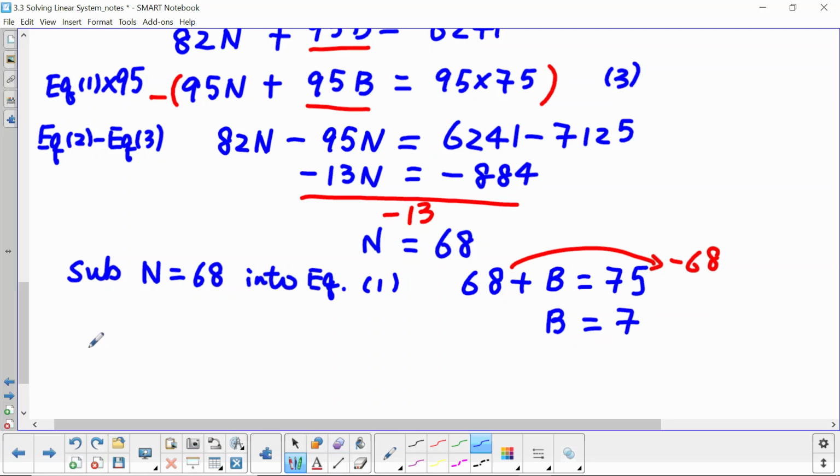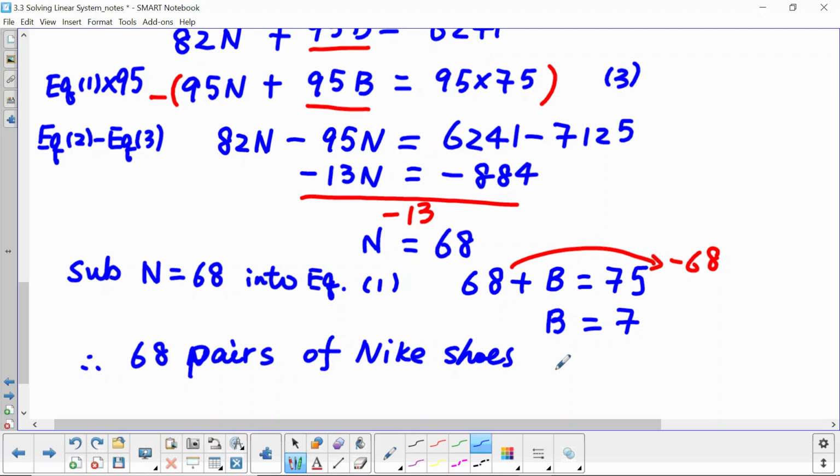Then we write a statement. "68 pairs of Nike shoes was sold.